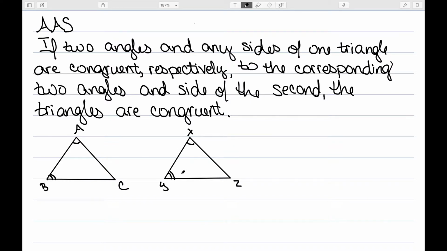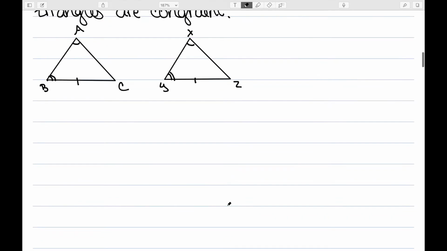So we're going to instead assume that side BC is congruent to side YZ and try to get this congruence criterion. If we scroll down a little bit, we know that if angle C and angle Z are congruent, then these are definitely congruent by angle side angle. So instead, I'm going to assume that these 2 angles that are left are not the same, and that C is the bigger of the 2.